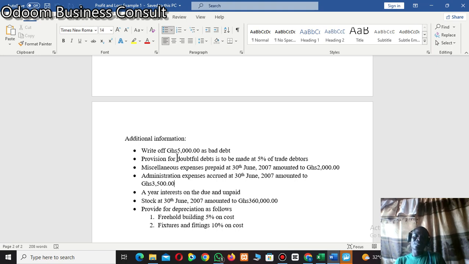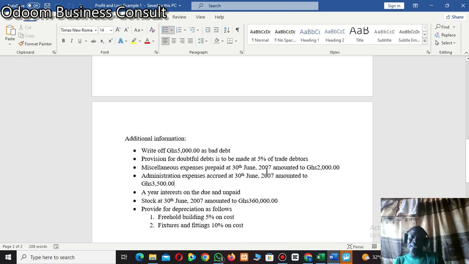The payment is made at the end of the accounting year. The amount is not part of this year's expenses, but rather it is meant for the coming accounting year. So over here 2,000 was paid in advance, at the end of the current year, which is June 2007.